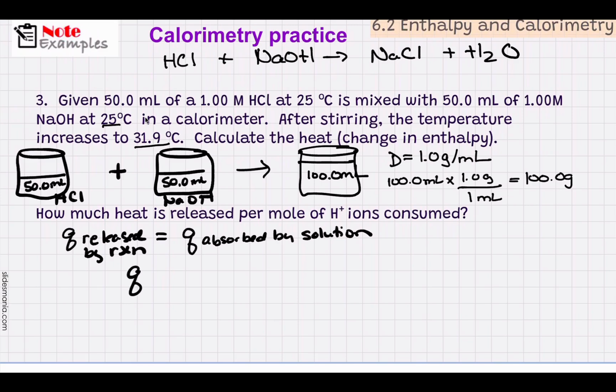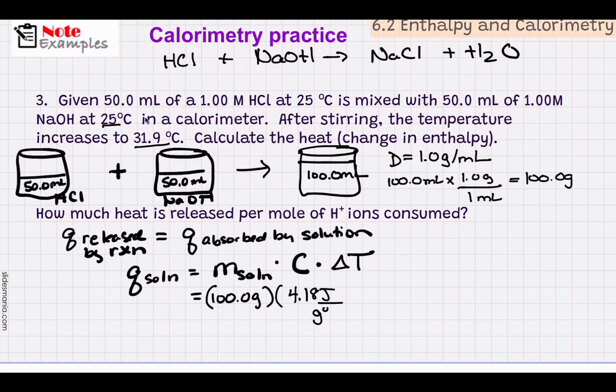The energy absorbed by the solution is going to equal the mass of the solution times specific heat capacity of liquid water. So it doesn't matter that it's a solution, that part's negligible. The specific heat will still be 4.18. And then the delta T for the solution. So 100 grams of the solution, 4.18 joules per gram Celsius. And then our delta T is 31.9 minus 25.